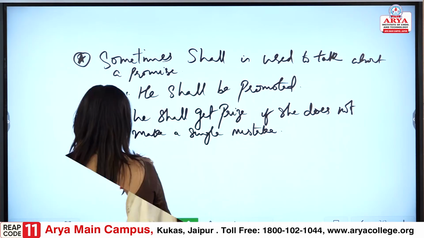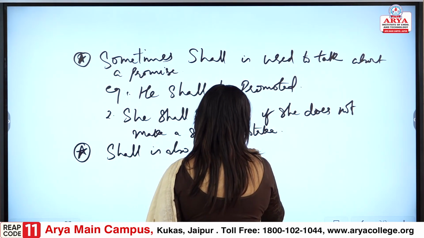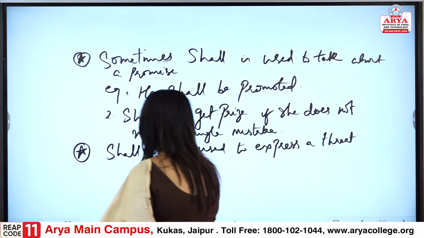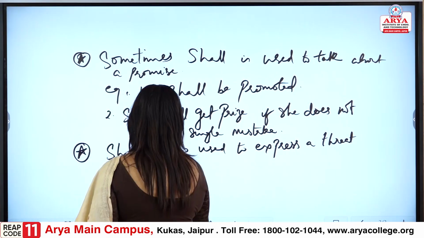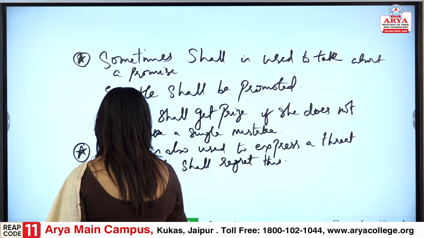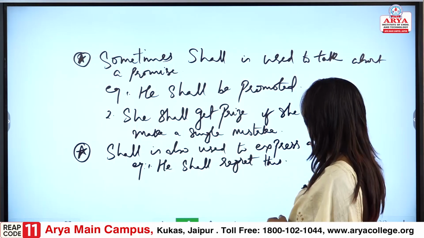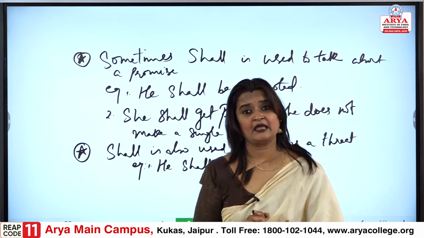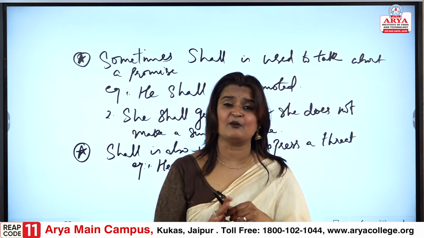Fine. Next, shall is also used to express a threat. Let us take the example first, so we can understand it better. He shall regret this. So when we are taking it, shall is also used to express a threat. It is as if we are warning or threatening someone.